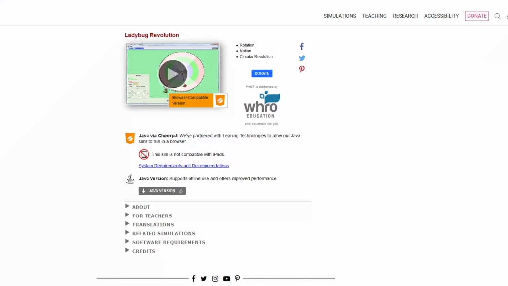This right here. It even gives you a warning, something about browser compatible version, the sim is not compatible with iPads, and so on. If you try and run the simulation in the browser, you can do it, but you're going to be fighting with the simulation more, if not the same, probably more than you'll actually be doing the lab.